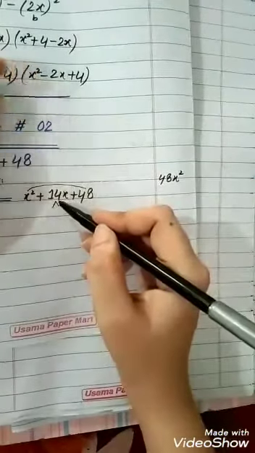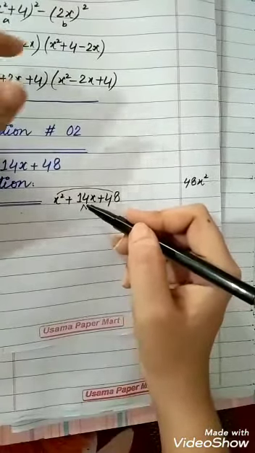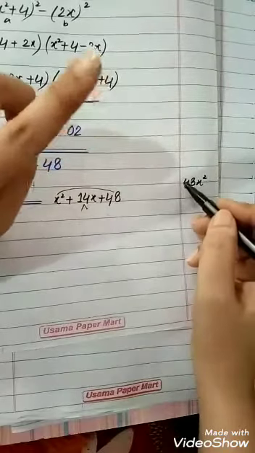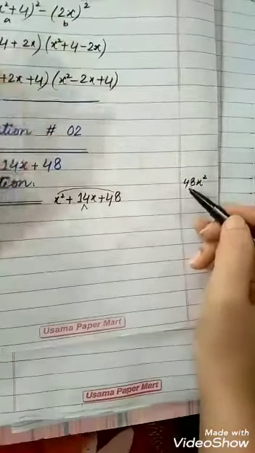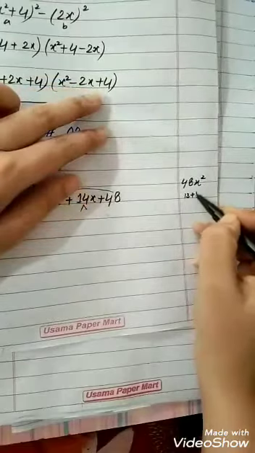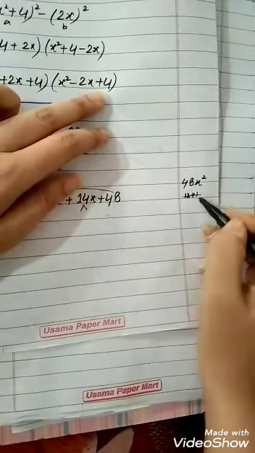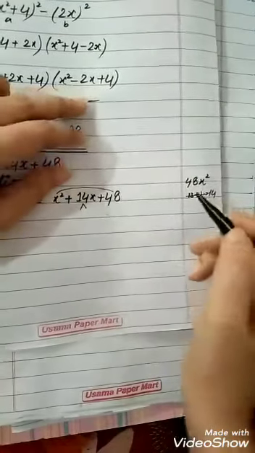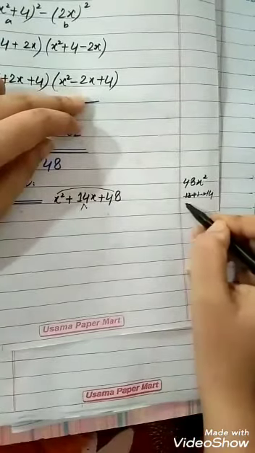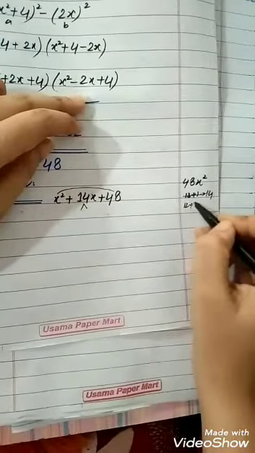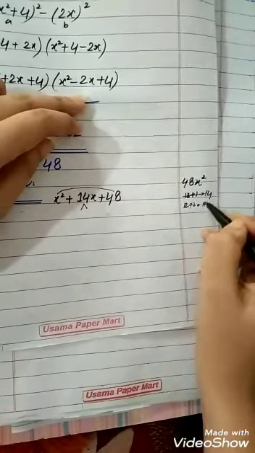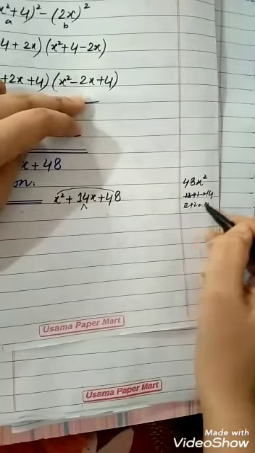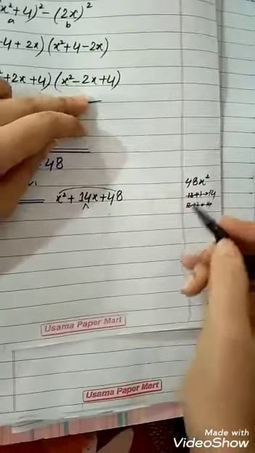To make 14 we can add 13 and 1, but if we multiply them we will not get 48. So 13 and 1 we can't use. Its addition is 14 but the product is not 48. Now it can be 12 plus 2. 12 plus 2 is 14, but its product is 24, not 48. So this pair also can't be used.